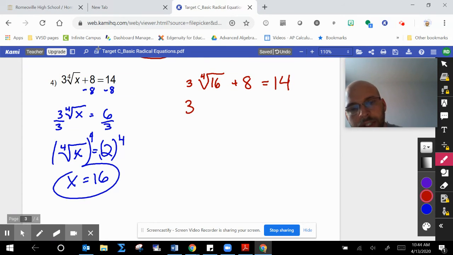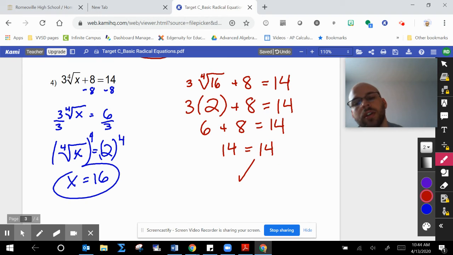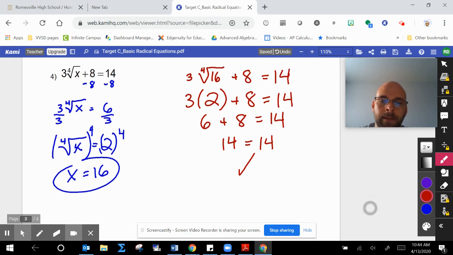Now, the fourth root of 16, you could do this in a calculator, or you can just break it down. You could reduce the radical. This does give you the value of 2, so 6 plus 8 equals 14, or 14 equals 14. Okay, that works. Always want to check our answers, okay?